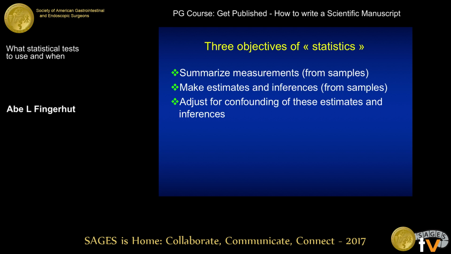Basically speaking, three objectives. Either you're going to summarize your measurements and have some sort of statistical validation of those measurements, or you're going to make estimates or infer a result from the data that you have, or you use statistics to adjust for confounding factors.